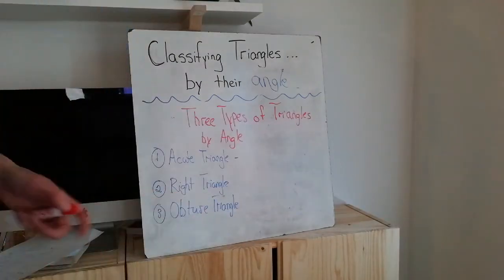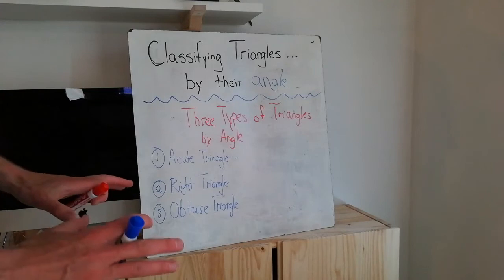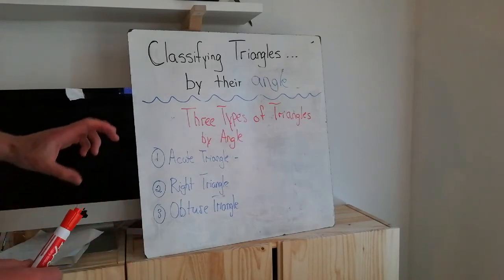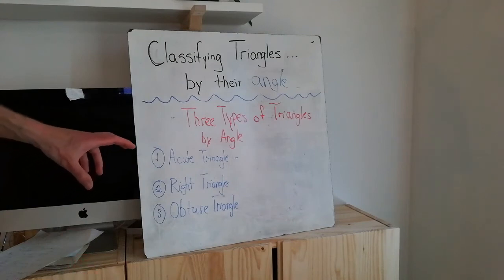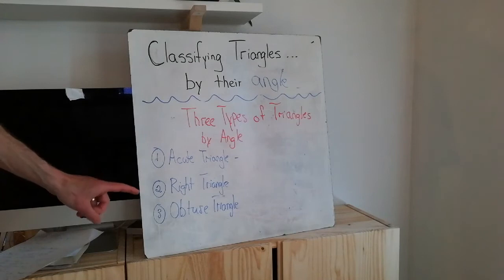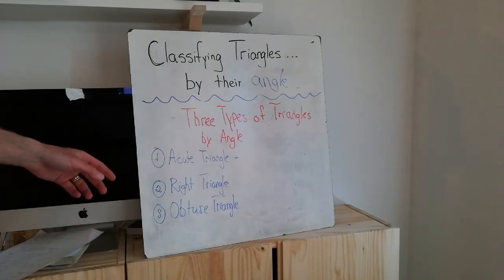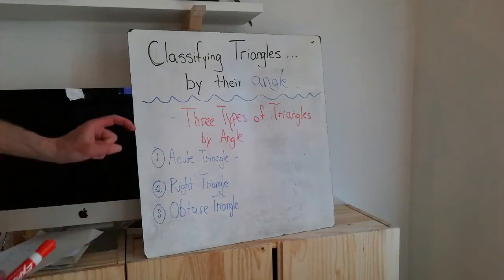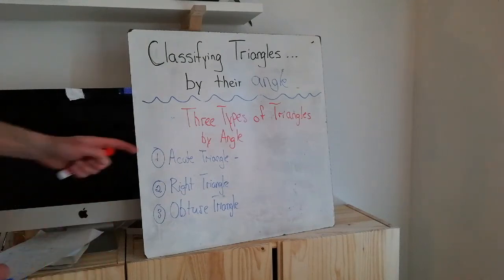Okay, so this will be our last little part of this lesson, really the most important part though. So today when you do your assignment or on a test or a quiz, these are the 3 types of triangles that are classified by the type of angles you see in them. So the first type is an acute triangle.